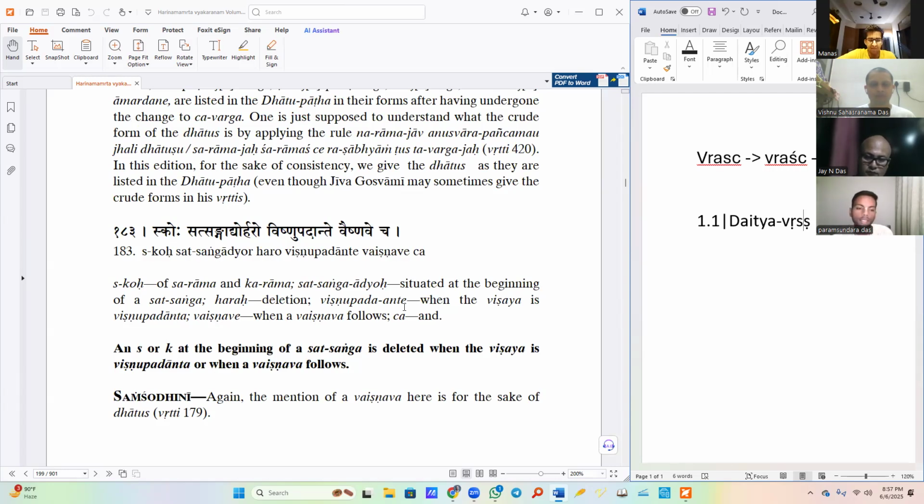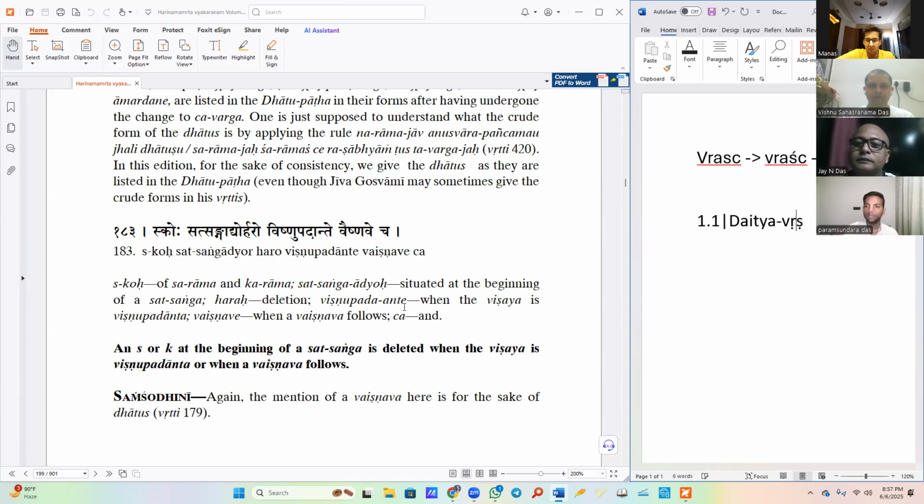So if we have a satsanga at the end of a Vishnu Pada, like here, this satsanga is situated at the end of the word, the Vishnu Pada. And then the sutra says if we have either Sarama or Karama at the beginning of a satsanga, in this case we have Sarama at the beginning of satsanga, then the Sarama will be deleted.